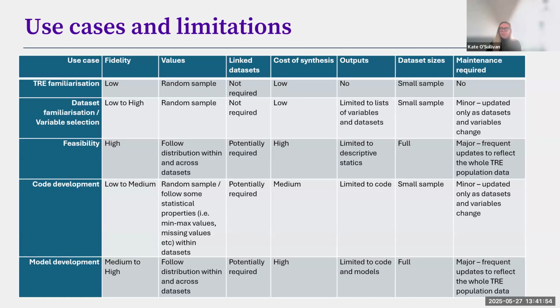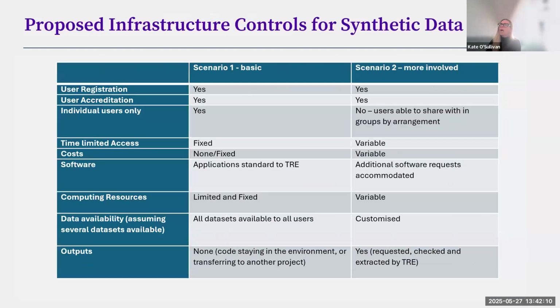So whilst researchers may want to do this, and say the safe havens may want to offer cohort feasibility via synthetic data, it's simply too much overhead to offer that at this stage.